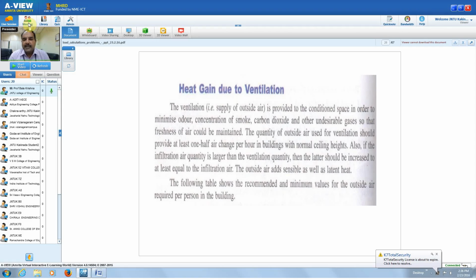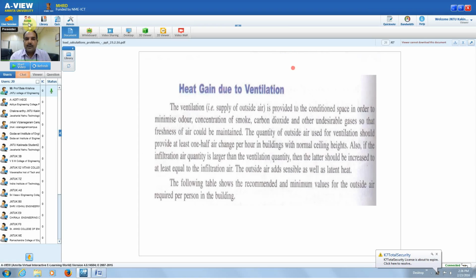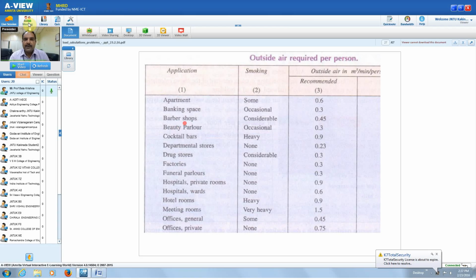Outside air adds sensible as well as latent heat. The following table shows the recommended and minimum values for the outside air required per person in the building. This is the table.